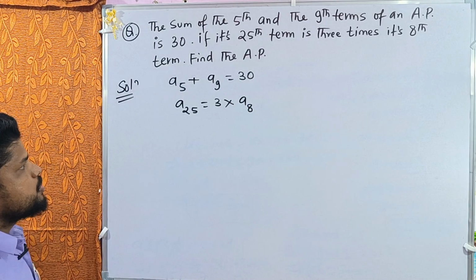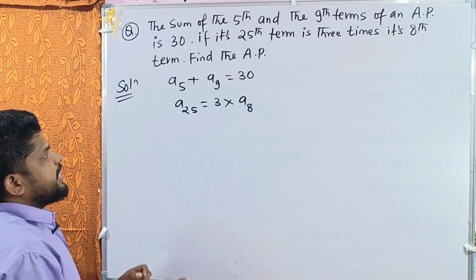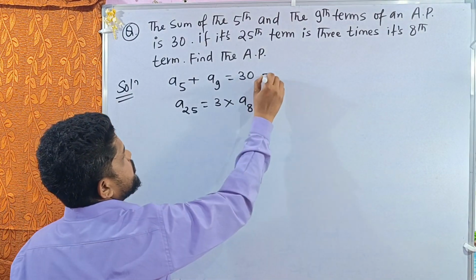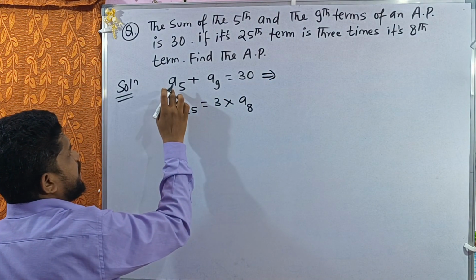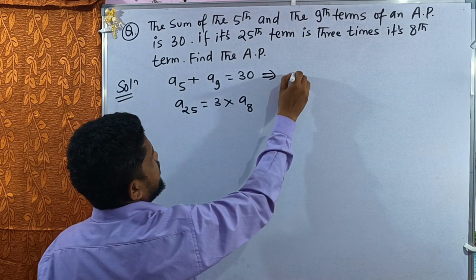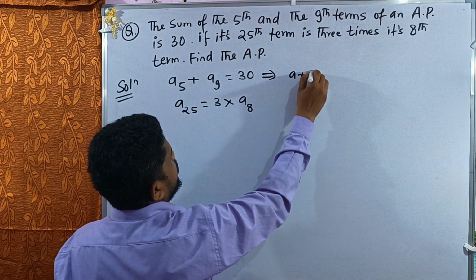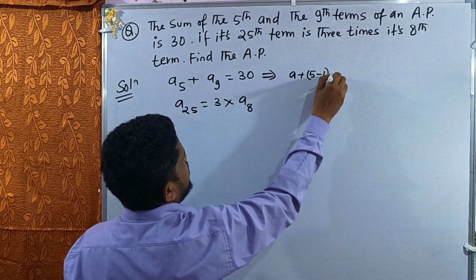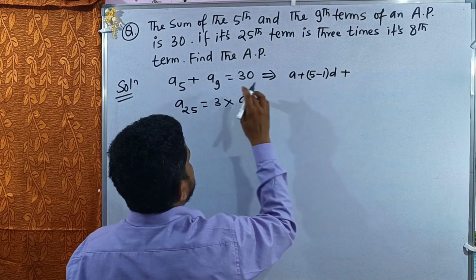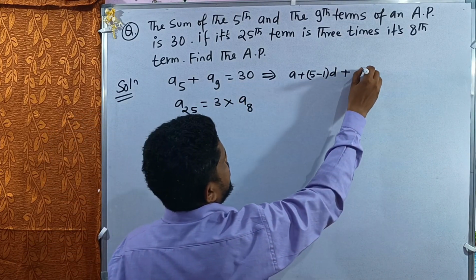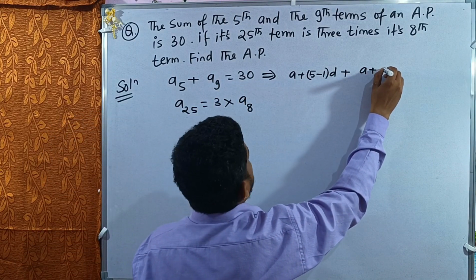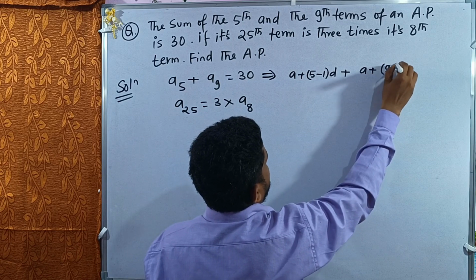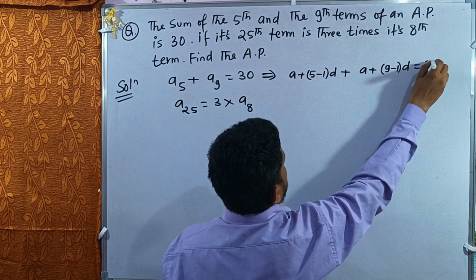Okay, so now let's expand it using the formula. The 5th term can be written as a plus (5 minus 1)d, plus the 9th term, which can be written as a plus (9 minus 1)d, is equal to 30.